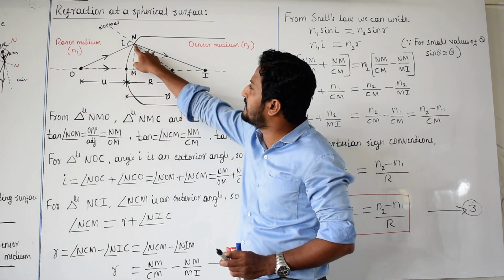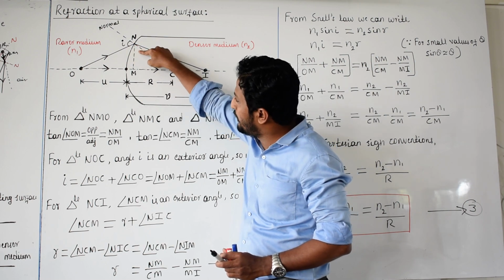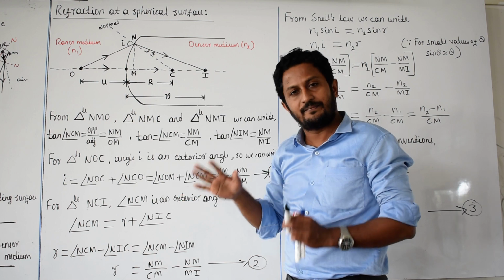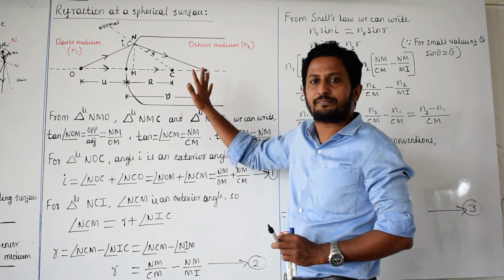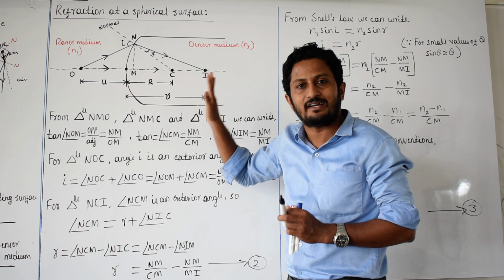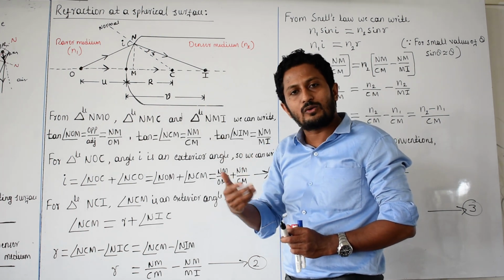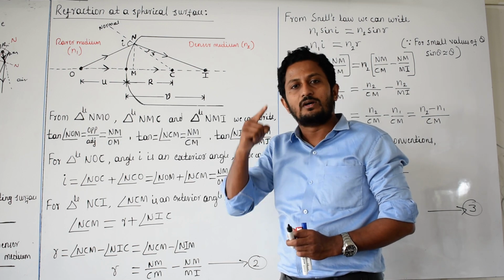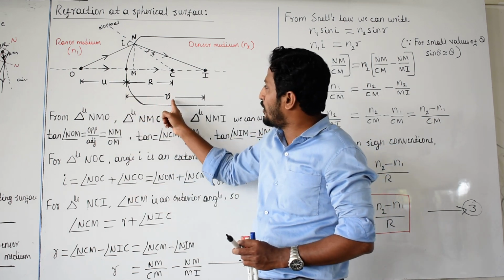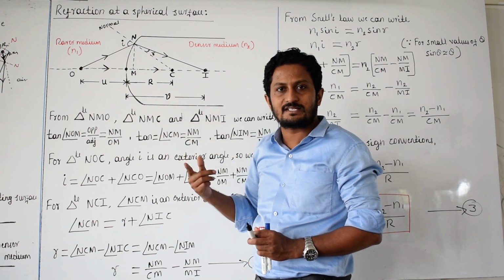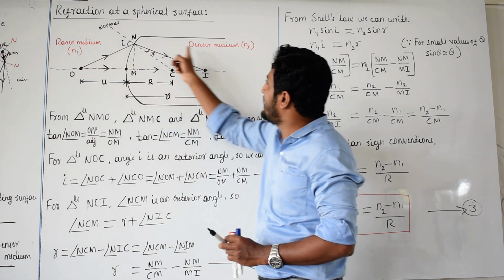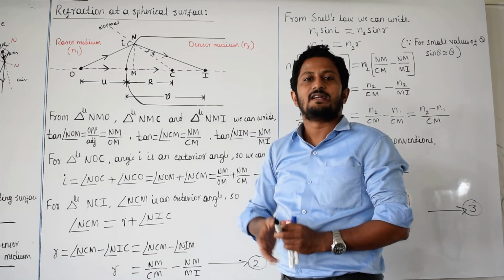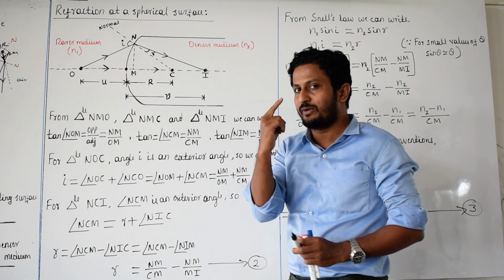After this diagram, with the help of this ray diagram, now we are going to get the expression which is going to relate the object and image distances, refractive index and radius of curvature. That relation we are going to get later.